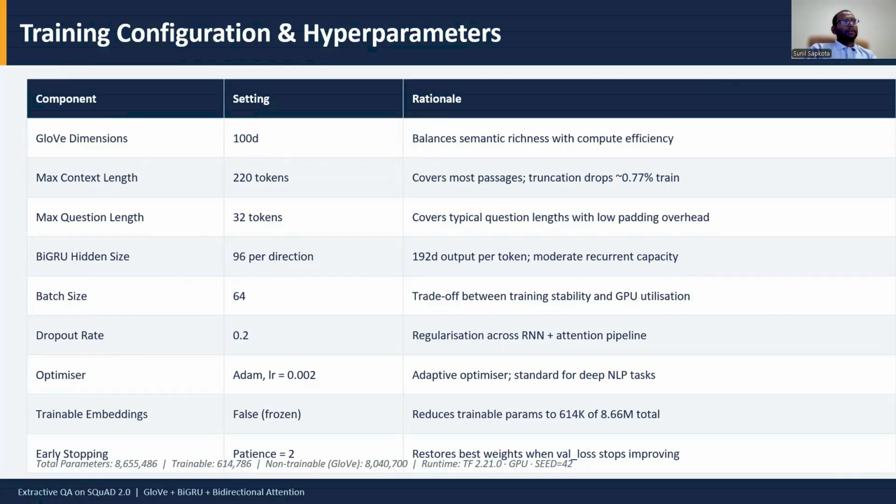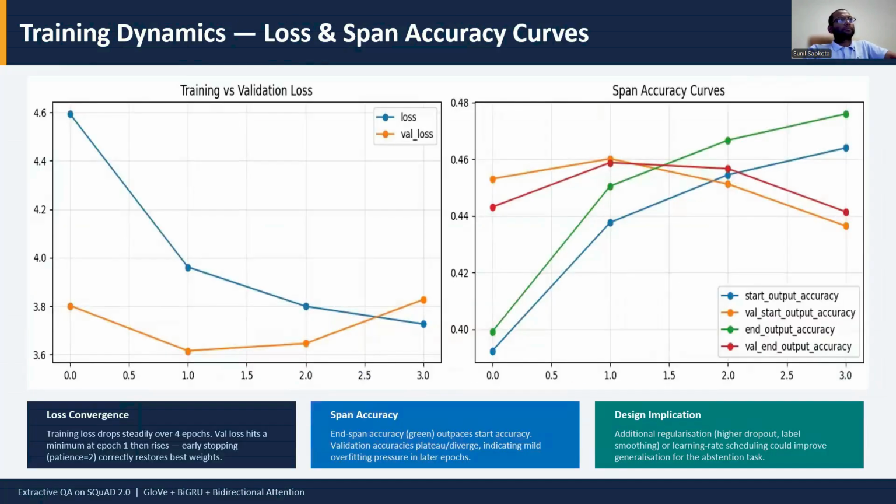Early stopping is 2. Early stopping of 2 means that if the validation loss keeps increasing for two consecutive times, we stop the epochs and keep the best model.